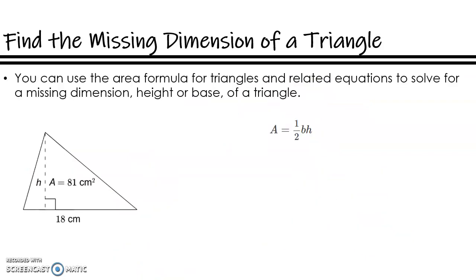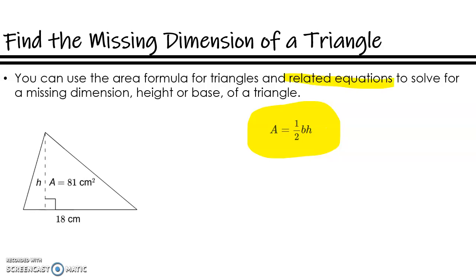So let's talk about how we would find a missing dimension. We can still use the same formula. Sometimes you're going to see it like this, but multiplying something by half is the same thing as dividing it by 2. So you're going to see me divide by 2 because to me that's easier to do. But we can use the formula and related equations to solve for our missing dimension.